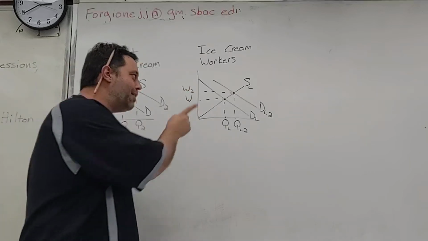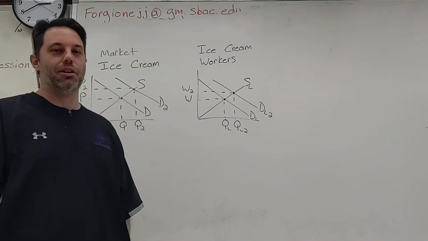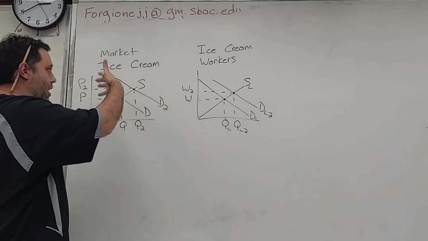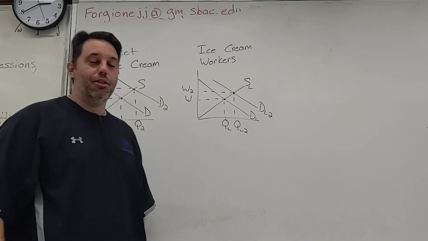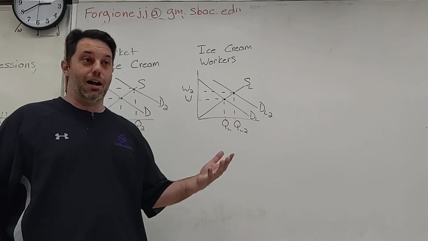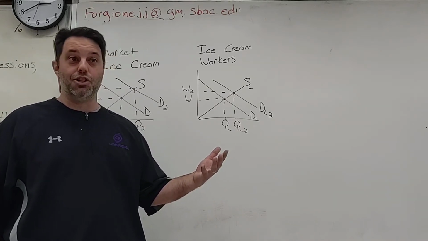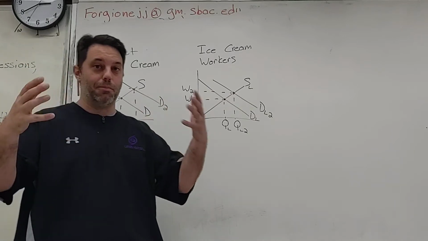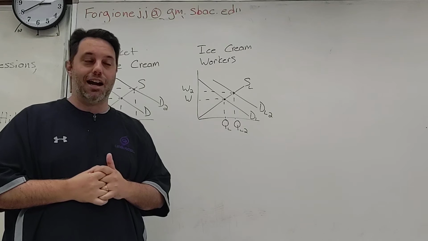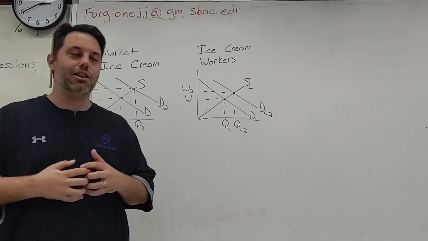Now, the supply of labor is not necessarily the same thing, okay? That is not always derived from the market graph. There's a lot of other factors, things like birth rate, okay? We see with populations, you've probably heard about or talked about in history, the baby boomers, how they're all getting ready to retire, or they all are retiring at this point.